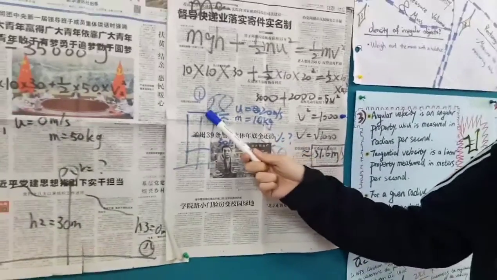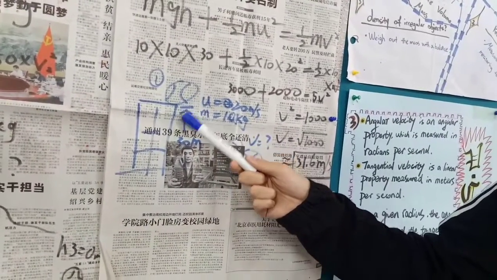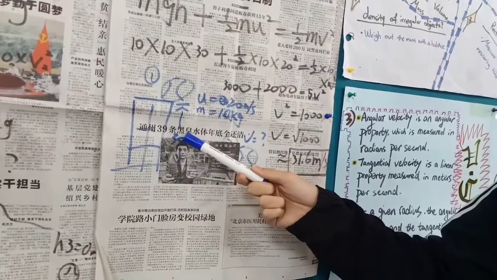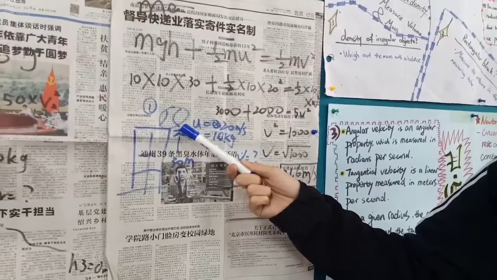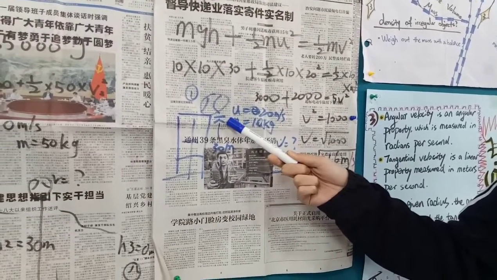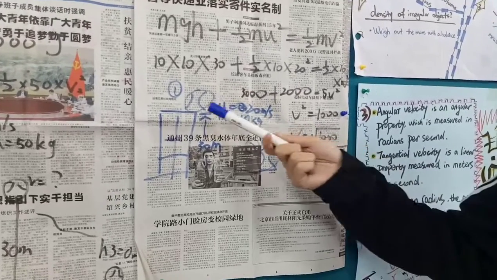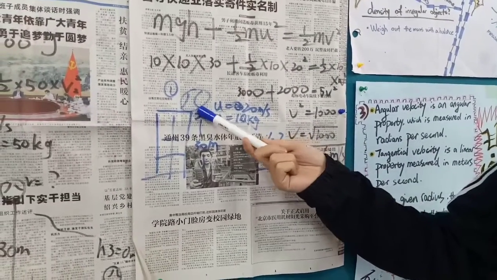In the first position, because it has height, it has gravitational potential energy, but it still has initial velocity, so it also has kinetic energy.